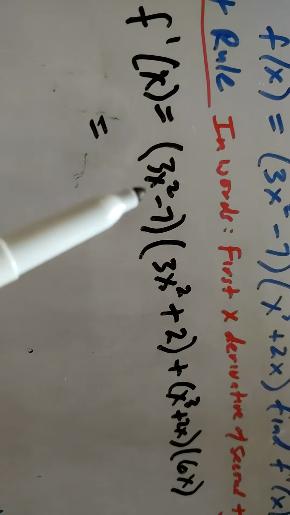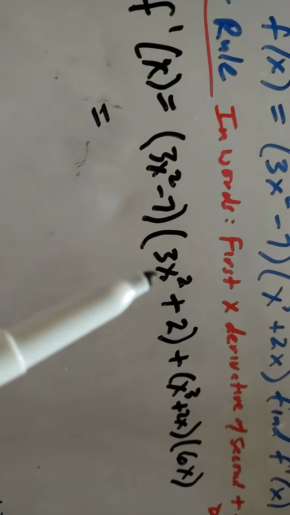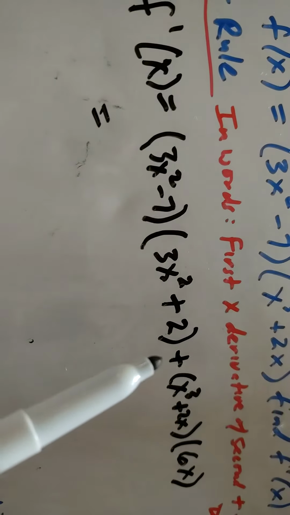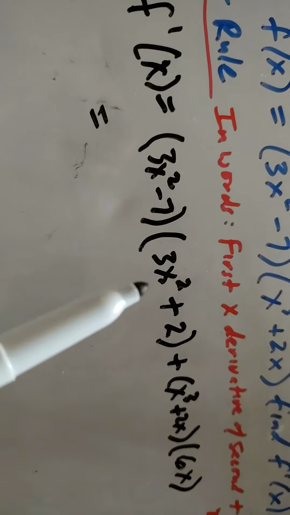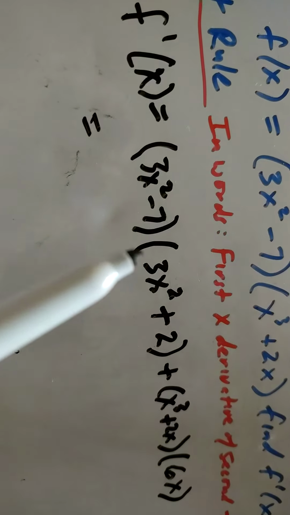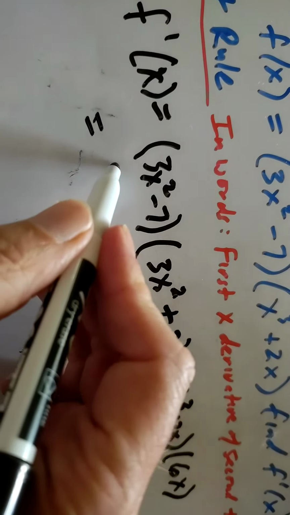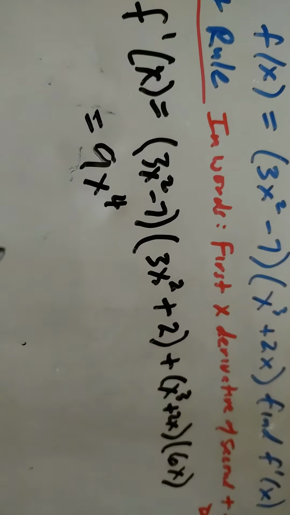So I'm going to do the FOIL method for these first two factors, and this is considered one term. Terms are separated by pluses or minuses. So with this first term, I'm going to FOIL it out. First, outer, inner, last. 3x squared times 3x squared, those are the first terms. That multiplies to 9x to the fourth. You add the exponents when you have the same base.